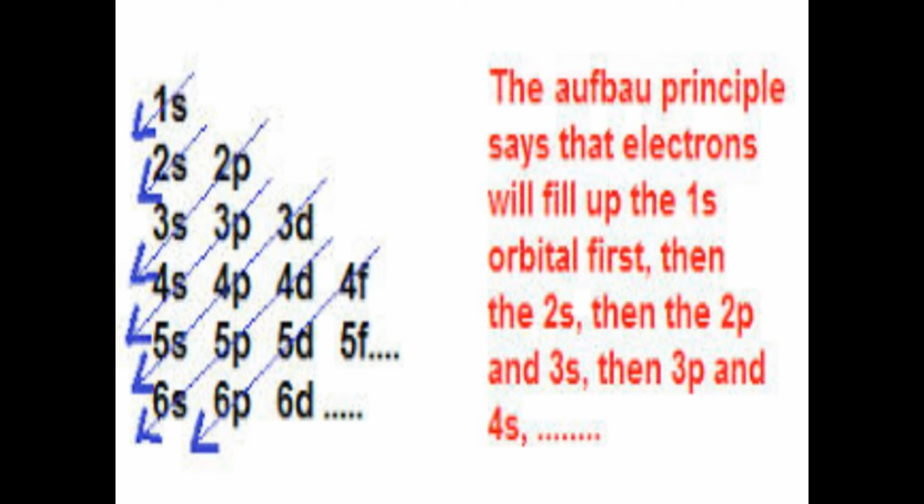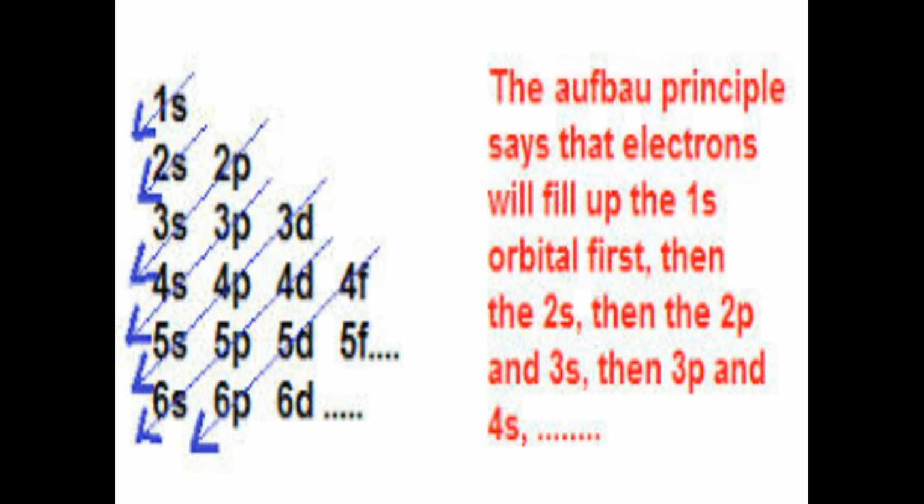Like first we write 1s, or we just write 1, then followed by the second orbit. This whole number, 1, 2, 3, 4 and so on, is basically describing the number of shells.